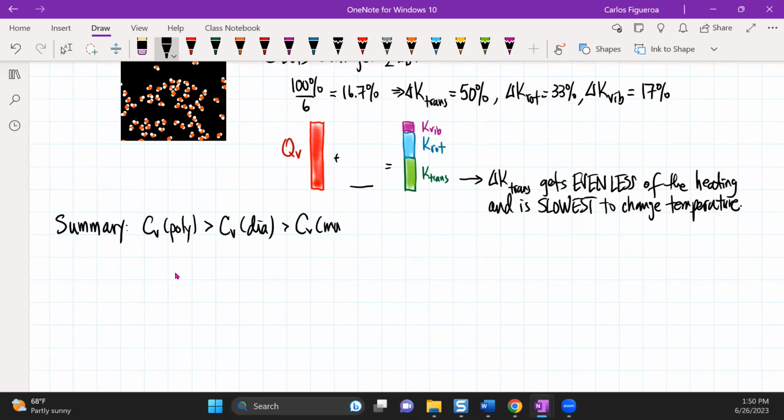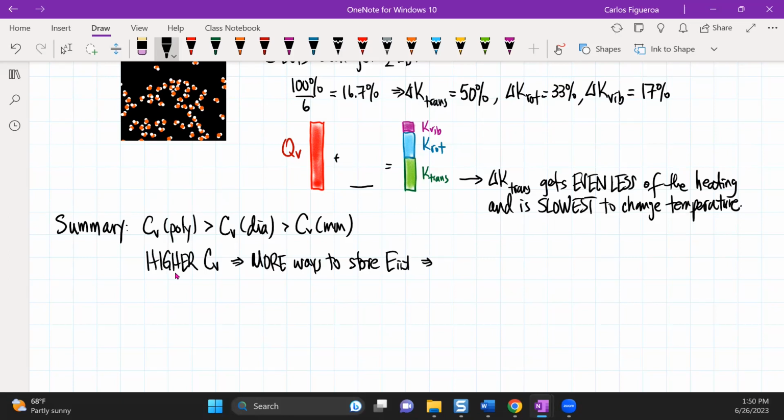Then CV of monatomic. So what you're seeing here is that the higher CV implies you have more ways to store internal energy.